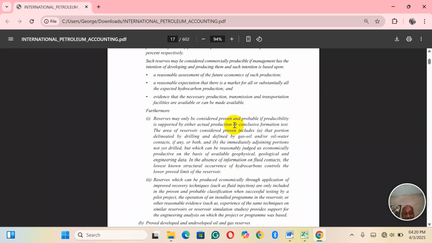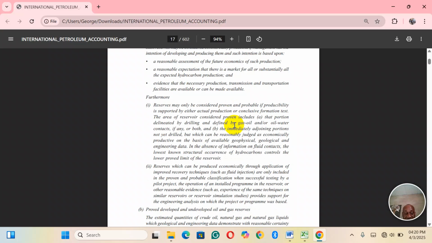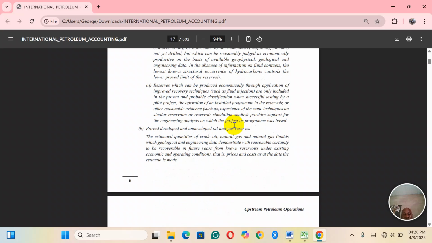These are only included in the proven and probable classification when successful testing by a pilot project, the operation of an installed program in the reservoir, or other reasonable evidence such as experience of the same techniques on similar reservoirs or reservoir simulation studies provide the support for the engineering analysis on which the project or program was based.